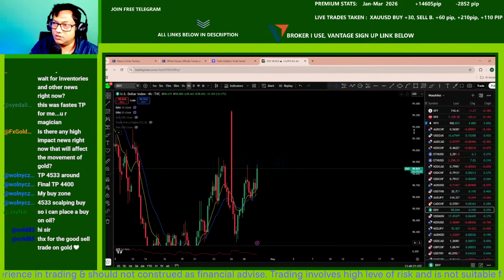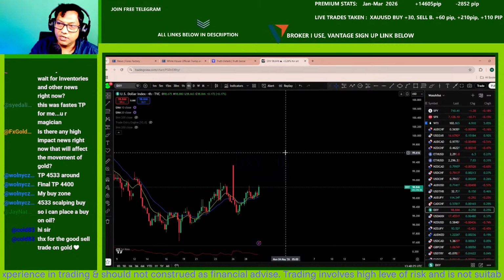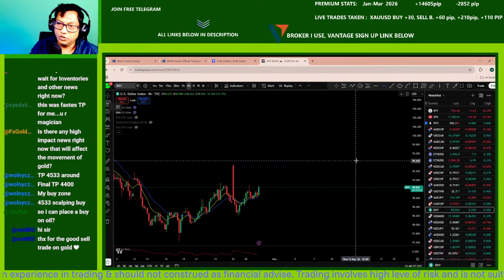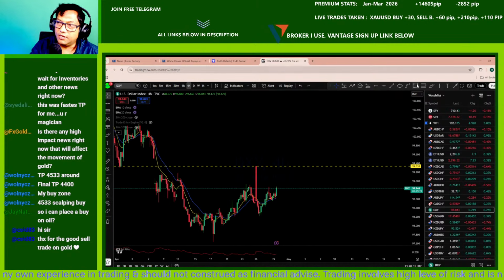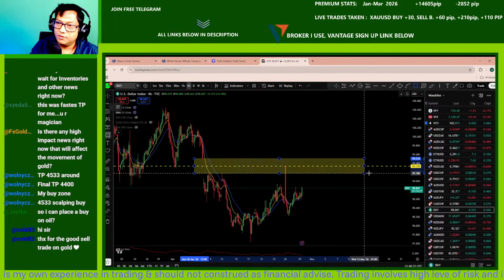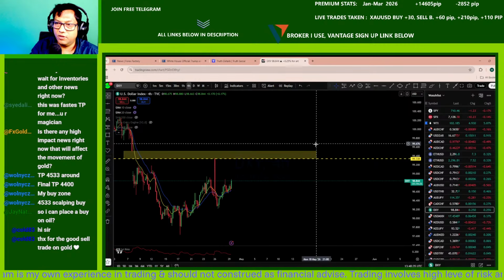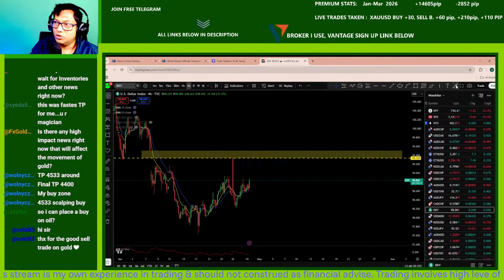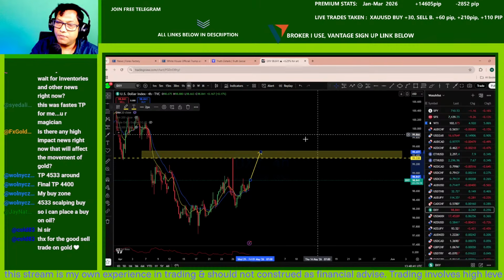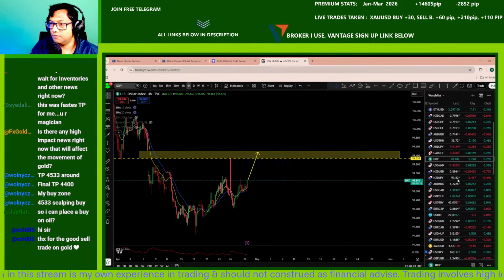It has created an inverted head and shoulder, so it's not unusual to see the DXY going back again to test this high. It left a gap here, and the market doesn't like to leave a gap, so the price may go back here to retest that gap before it comes down.